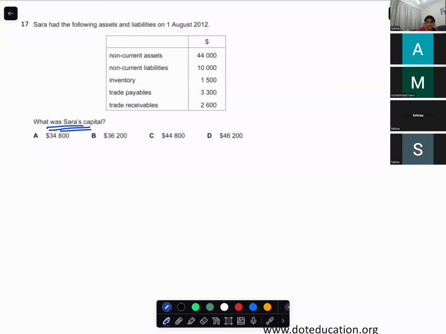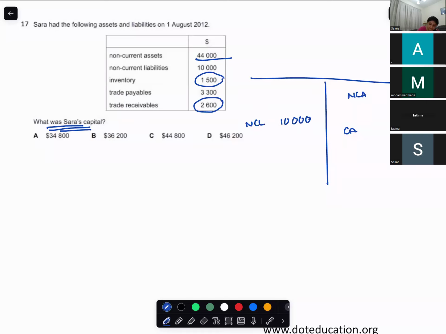What was Sarah's capital? Make the account. On the asset side, we do non-current assets 44,000 and non-current liabilities on the liability side 10,000. Inventory on the asset side, current assets 2,600 plus 1,500.